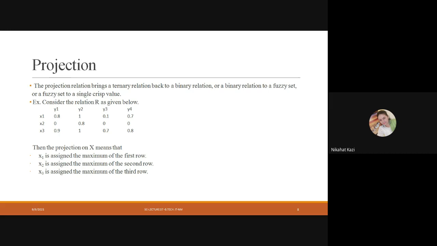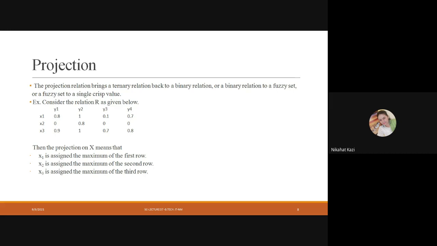If you have a ternary, three-dimensional relation and apply the projection operation, you can reduce it to a binary relation. If you have a binary relation, you can reduce it to a fuzzy set. If there is a fuzzy set, you can reduce it to a crisp set. In fact, it will be a single crisp value.